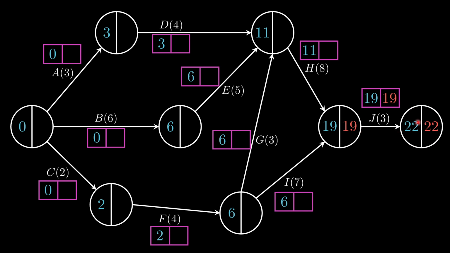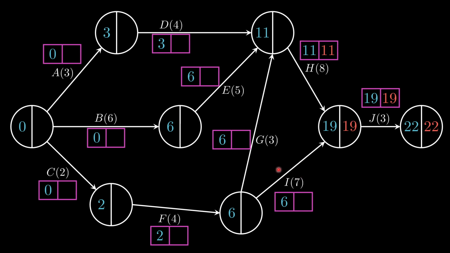Okay, so that part hopefully is kind of clear, because things will get weird soon. All right, I have to be at this checkpoint on day 19, so let's see how that affects the activities going into it. H takes 8 days. I've got to be here by day 19. That means H is forced to begin on day 11. He just has to. Okay, he can't afford to wait.